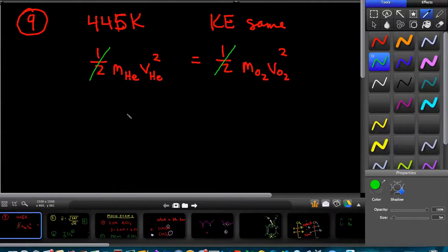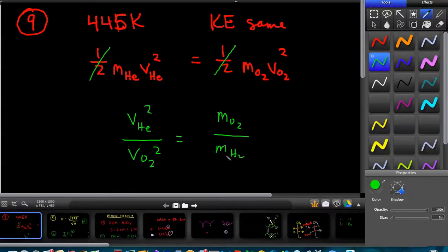And if I want to compare the velocity of helium squared to the velocity of oxygen squared, that is equal to the mass of oxygen over the mass of helium.